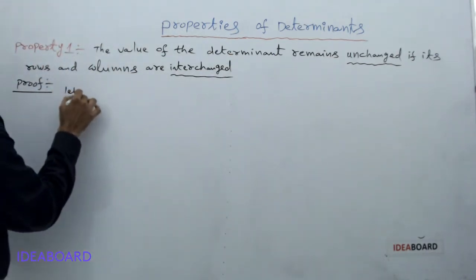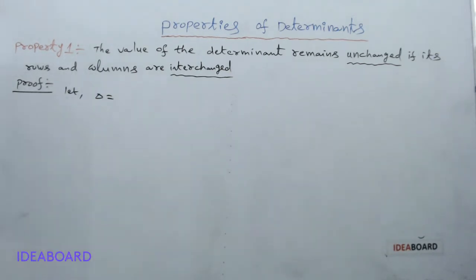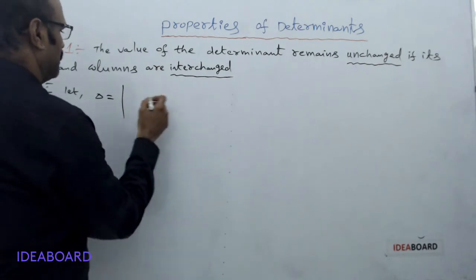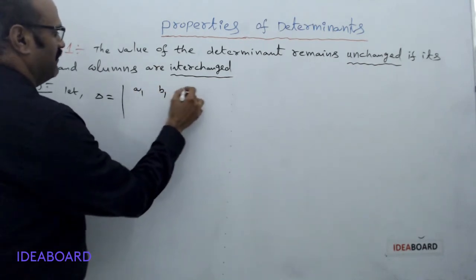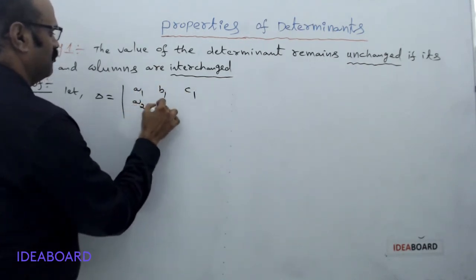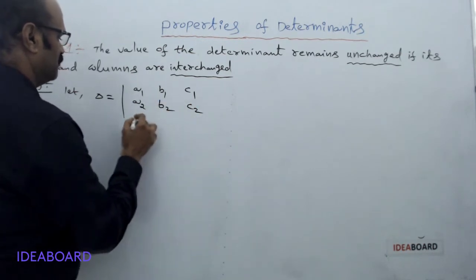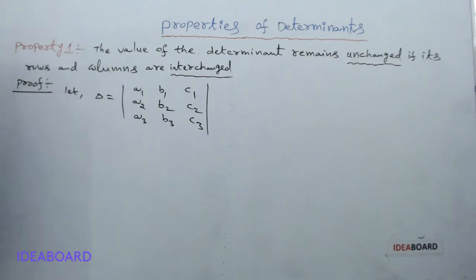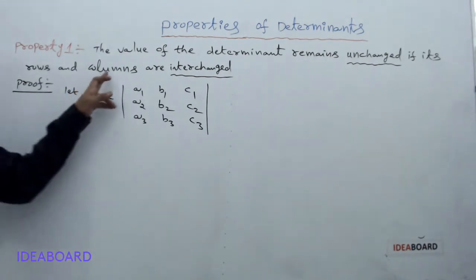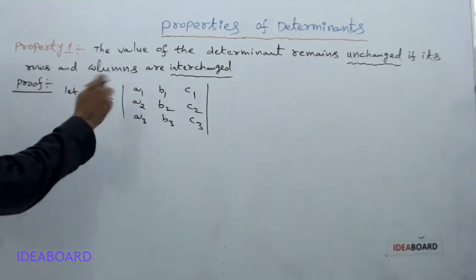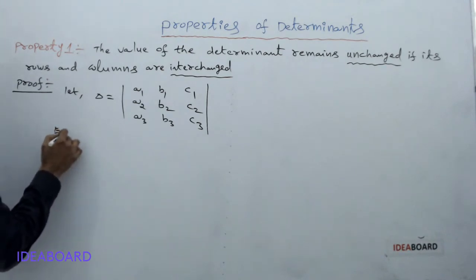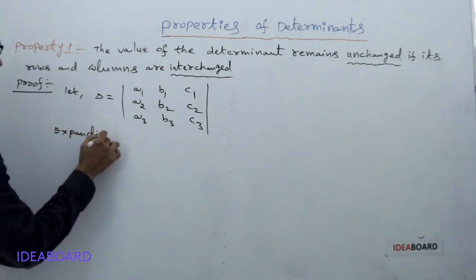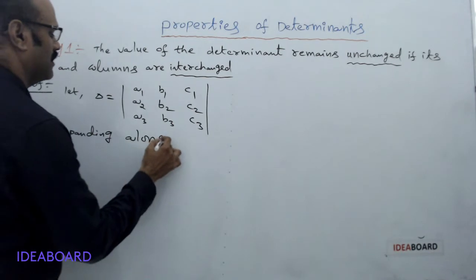Let delta equal to determinant of A1, B1, C1, A2, B2, C2, A3, B3, C3. Now expanding along R1.